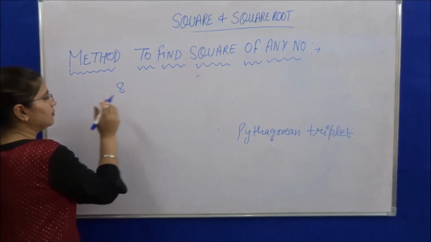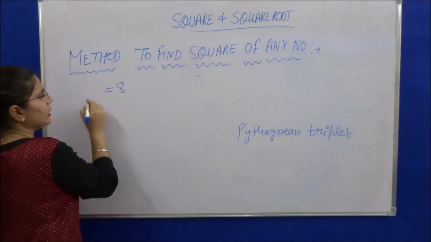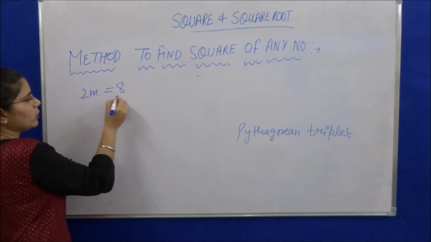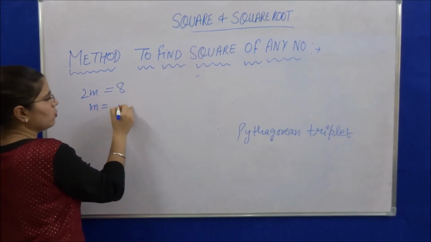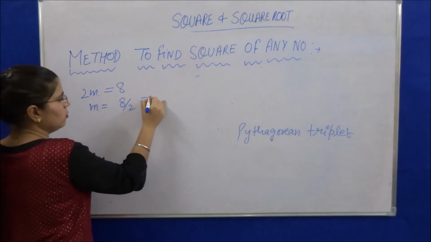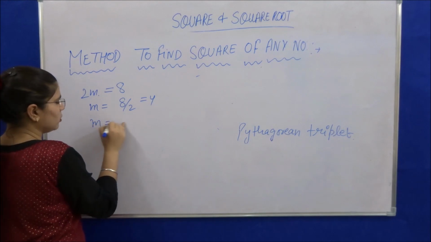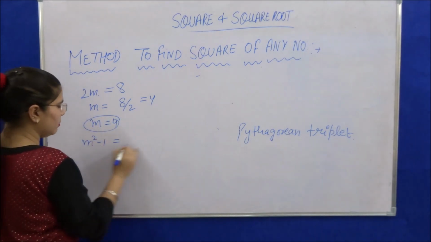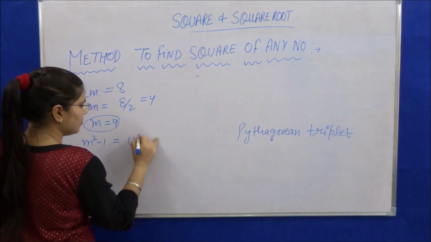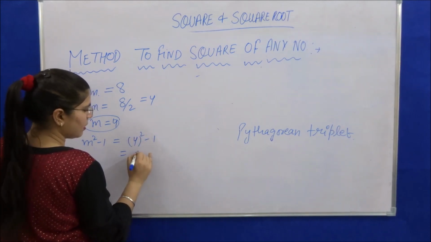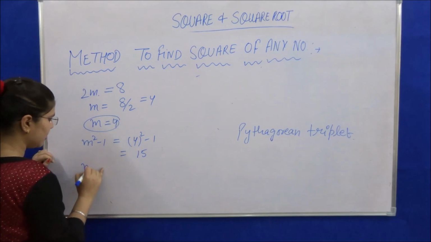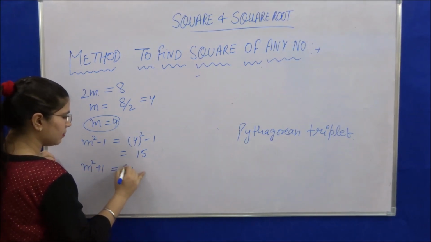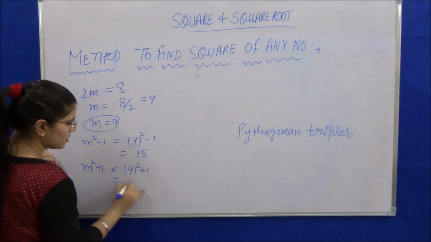Here we will equate it to 2m. So 2m equals 8, so m will be equal to 8 by 2, which is 4. Next is m square minus 1, that will be equal to 4 square minus 1, which is 16 minus 1, 15. And next is m square plus 1, that will be equal to 4 square plus 1, which is 17.